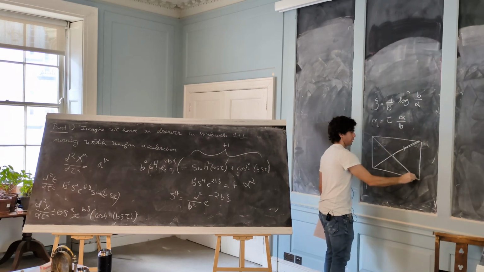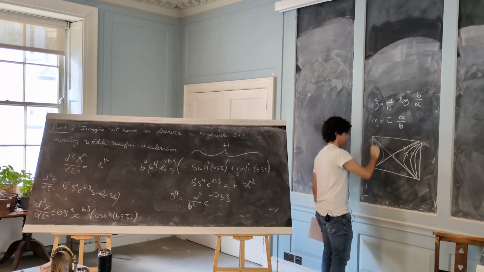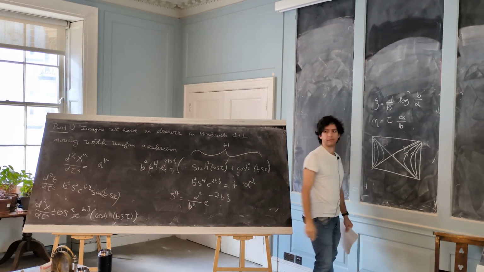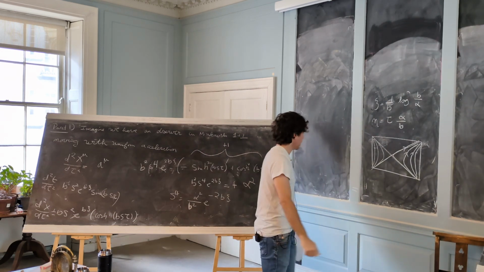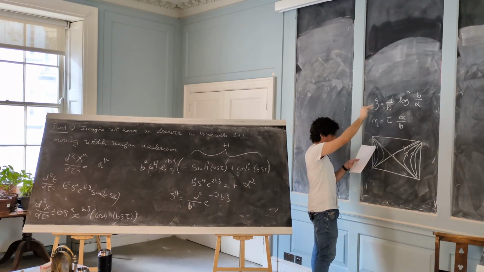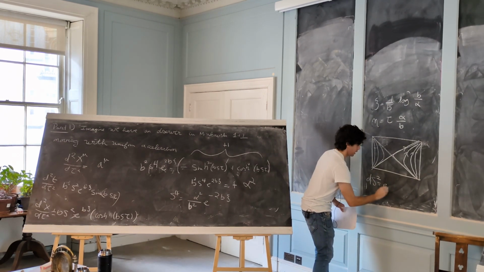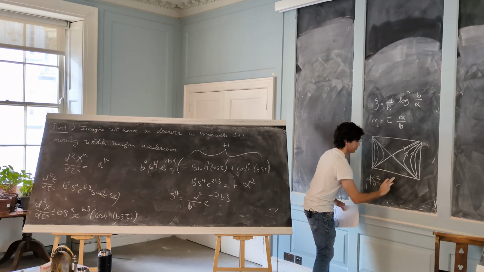And as I move along xi, I get these trajectories. And the coordinates, if I want to, I can label the spacetime in these coordinates. The coordinates are e to the b xi.